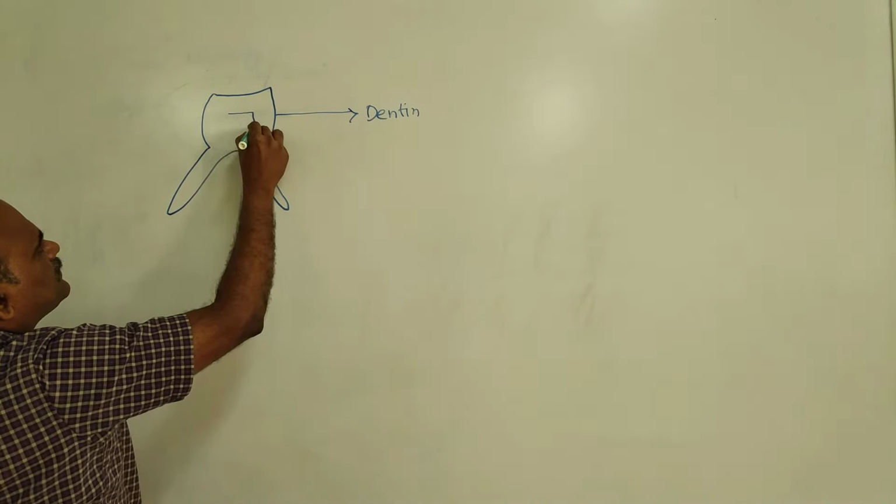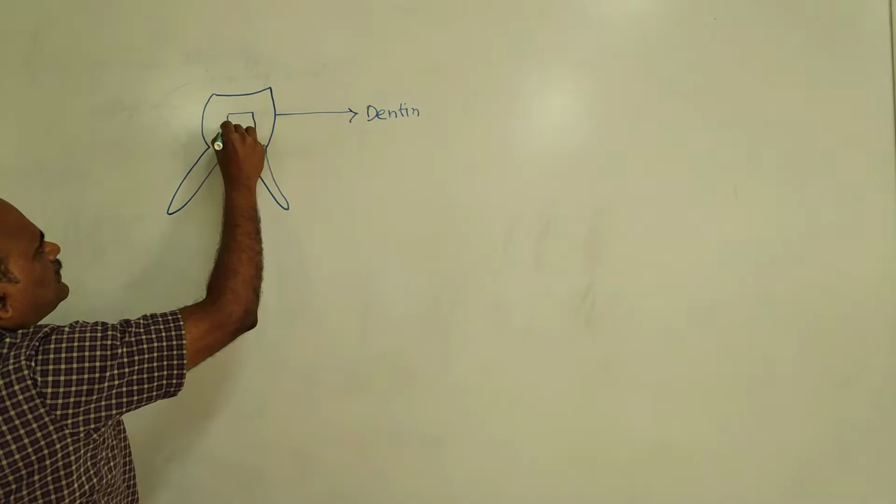Inside the dentin, there is a pulp chamber, simply called tooth pulp, which contains the blood vessels which provide nutrition to the tooth as well as the nerves.